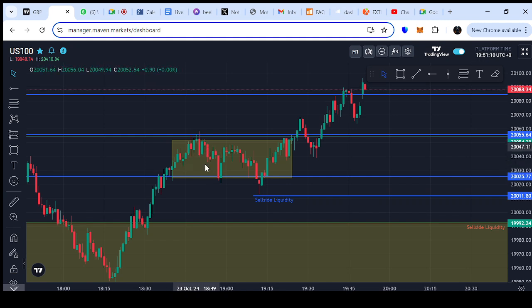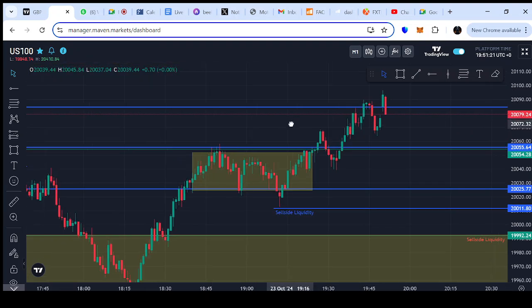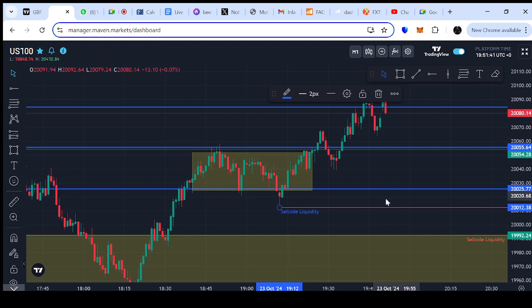When we have a range like this and a manipulation going to take out a high or deliver into any inefficiency, once a manipulation phase occurs, anticipating the distribution phase, you look for the lowest low of the accumulation phase, which is here. That's where the algo will come. It will seek the lowest low.